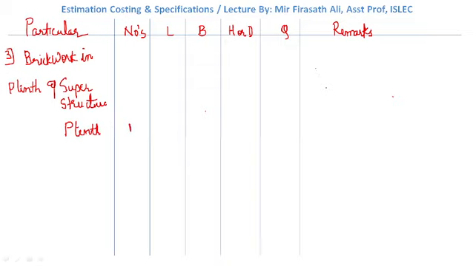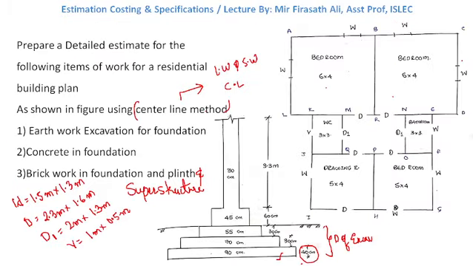How to find the length? Length is equal to the total center line length minus 12 into 1 by 2 into the width of plinth. What is the width of plinth given to us in the section?